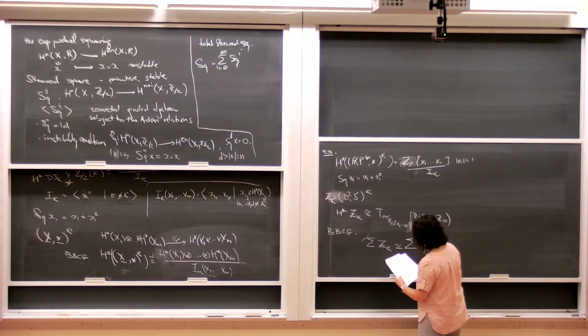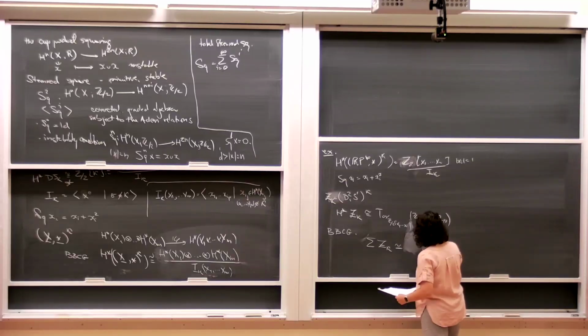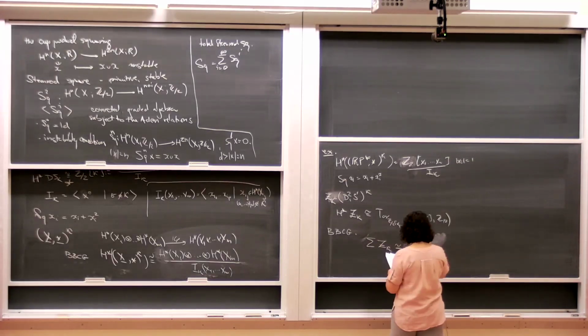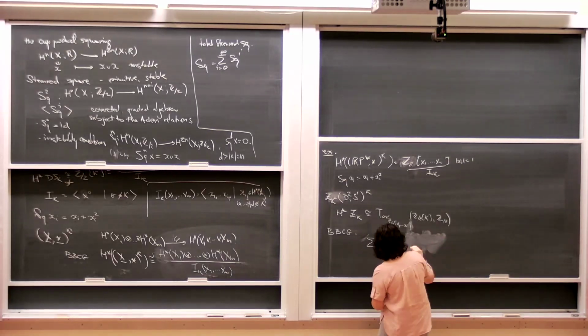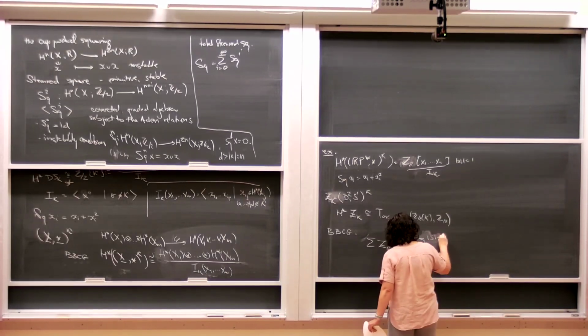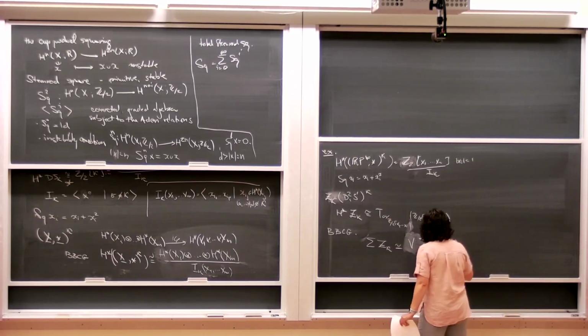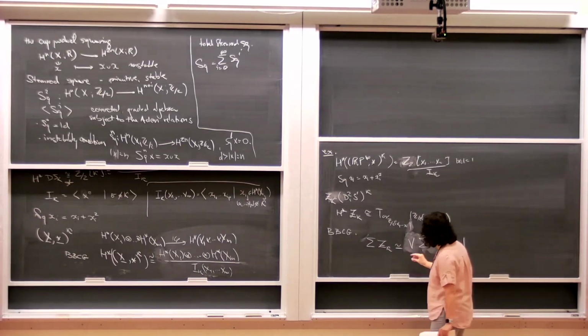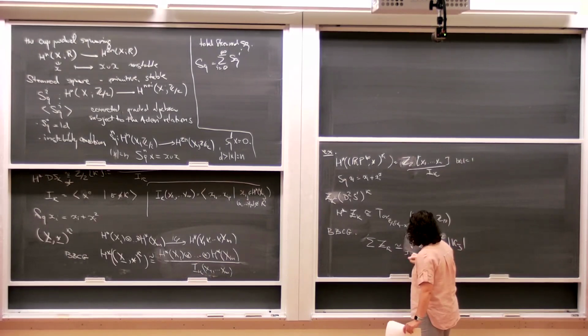Sigma is sometimes sum and sometimes suspension. At this point, I need it to be a suspension. So I have a wedge of suspensions of J plus 2 of the full subcomplex on the set J. And J is not in K.